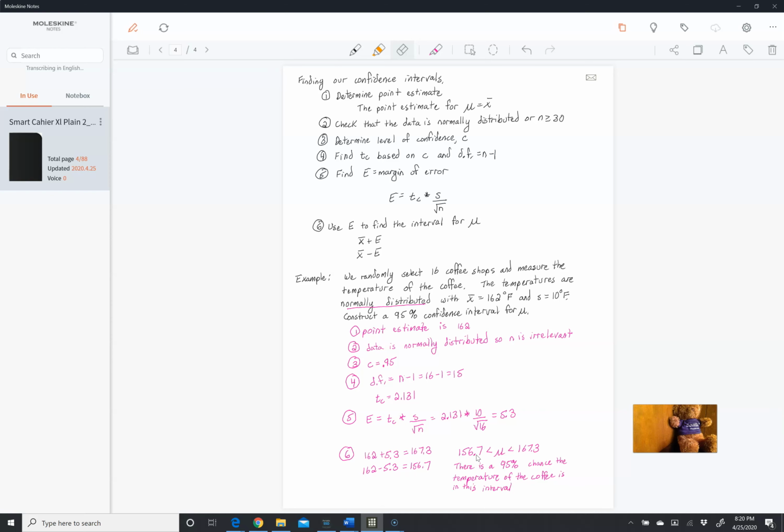Okay, let's do the same thing, but this time with a confidence interval of 90% and a confidence interval of 99%. Okay. So same data.